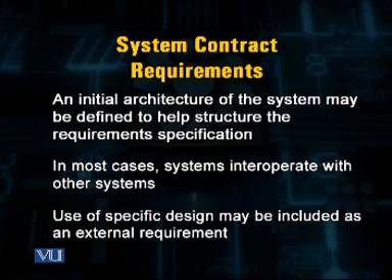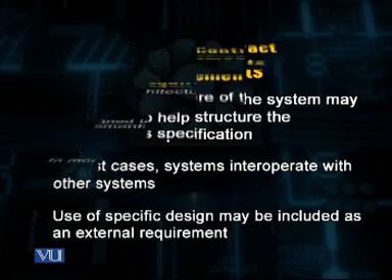The system contract requirements also include some design information or design constraints as external requirements. We talked about external requirements in lecture 2, and they are part of the non-functional requirements.